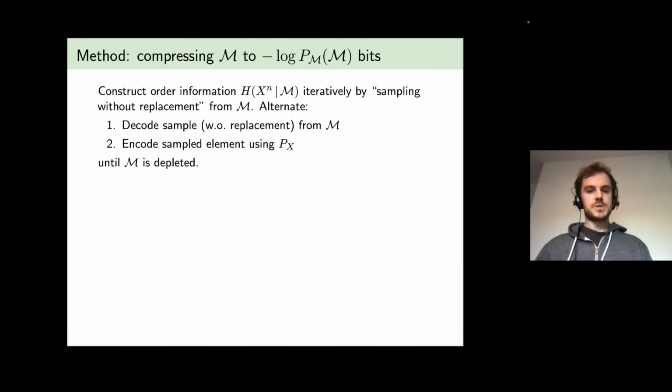What we do is we construct the order information iteratively by sampling without replacement from the multiset. To be precise, we alternate between these two steps. Step one is to decode a sample without replacement from M, basically decoding a choice of element, and then encode the sampled element using the distribution P sub x until the multiset is depleted.